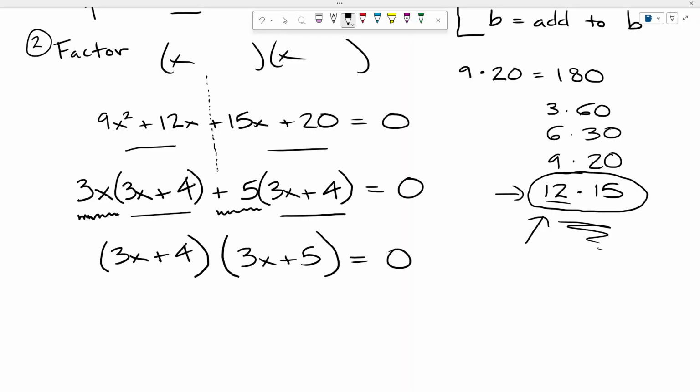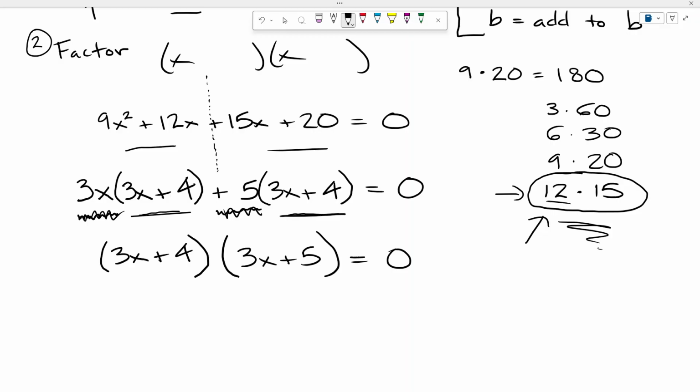All right, pulled out the largest piece we could from each side, and then just like we needed to have happen, turns out our terms in the parentheses were the same, so that becomes one of our algebraic expressions, and then whatever was left over on the outside becomes our other algebraic expression, both set equal to 0.